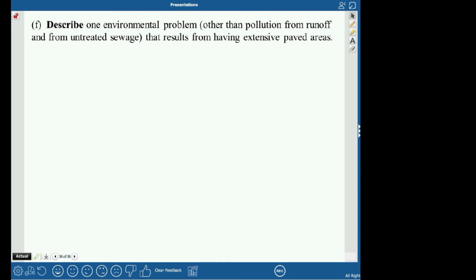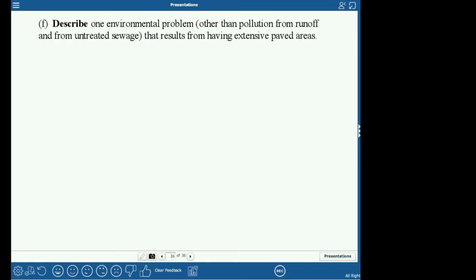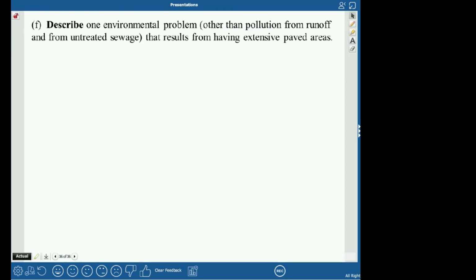So what is an environmental problem that results from having lots of paved areas? If you can think of any.